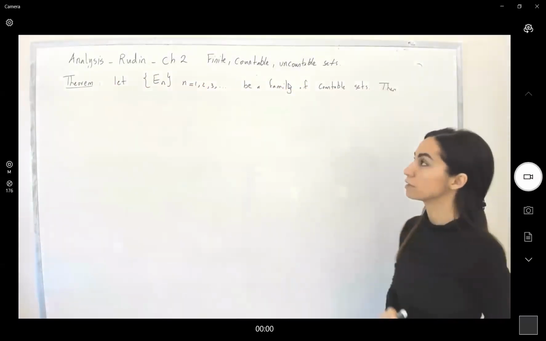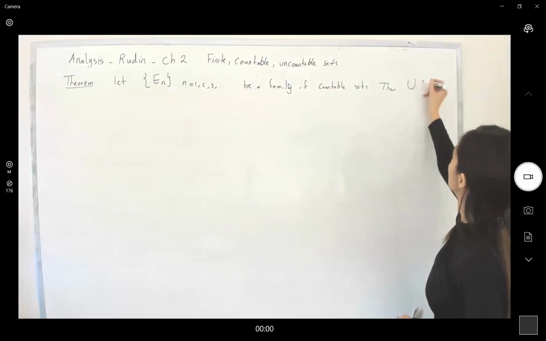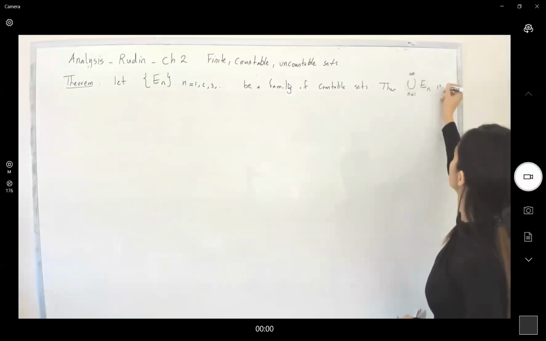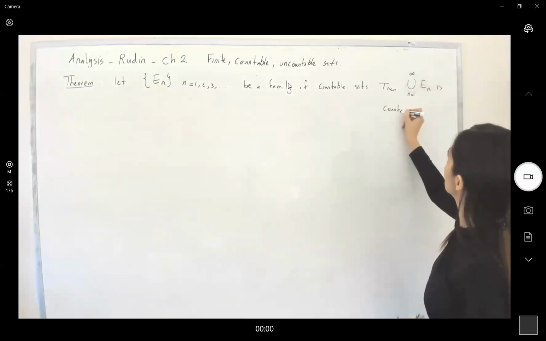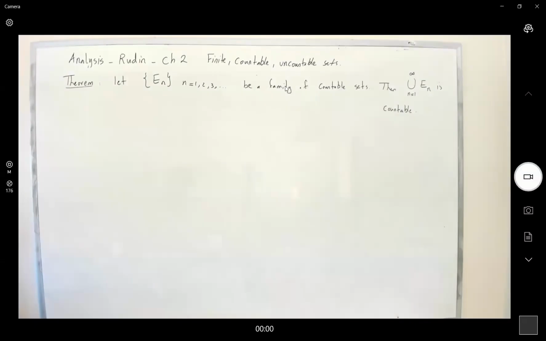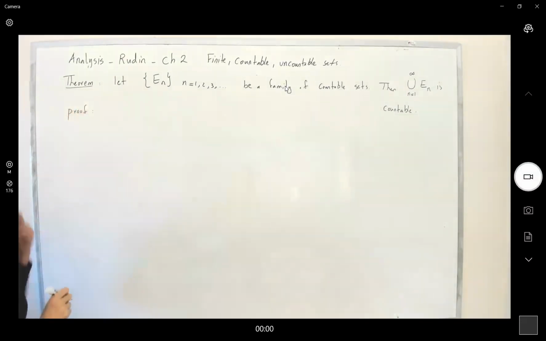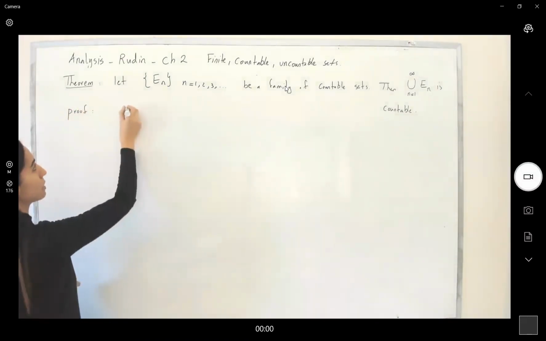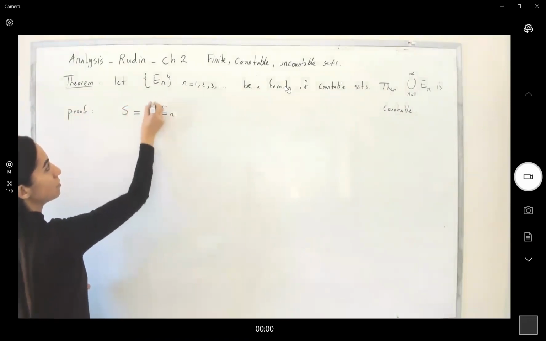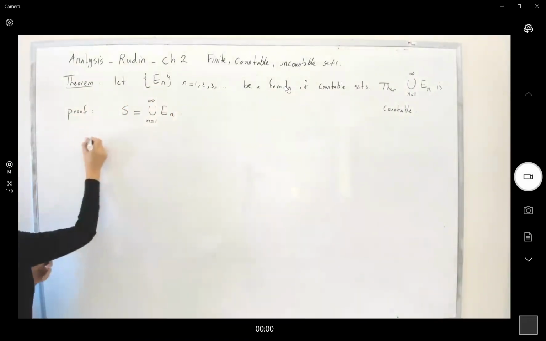Then their union is also countable. So let us start the proof. First of all, suppose we call this union set S. And note that each of these sets is countable.